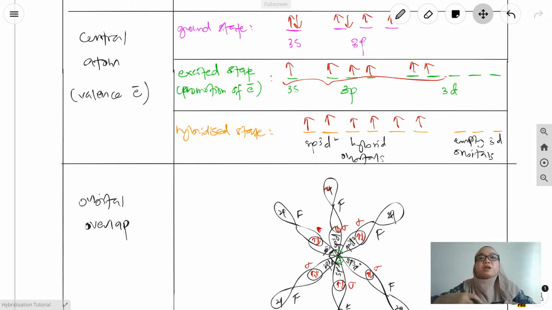For now, the examples we use focus on the hybridization of the central atom, not yet the terminal atom. That one is just a special case. But most of the time we only hybridize the central atom.